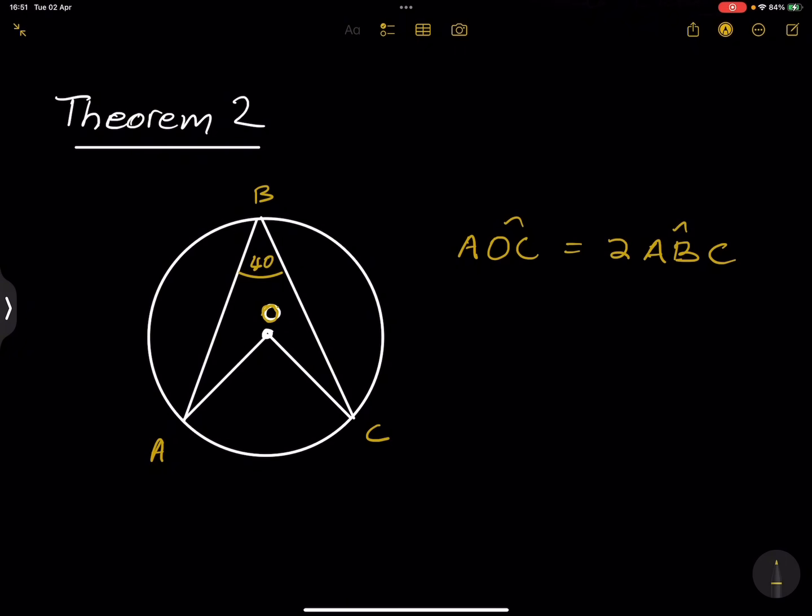It means the angle at the center will be 2 times that number, so this angle will be 80 degrees. Now please make sure of two things: that O is definitely the center, and that B must be at the circumference. If it is not at the circumference, you cannot use this theorem.